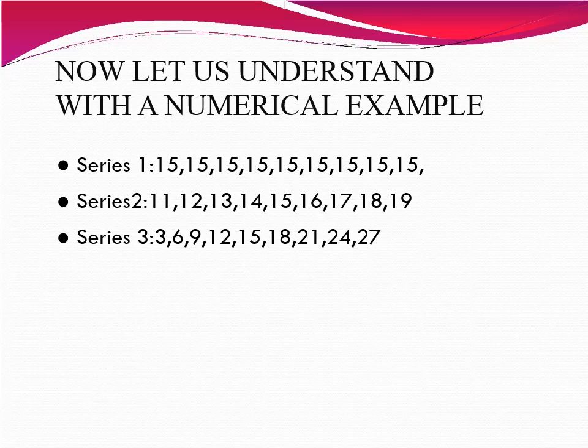The answer is 15. The same way, if we apply the formula of median also, the answer would be 15, that is n by 2 or n plus 1 divided by 2.